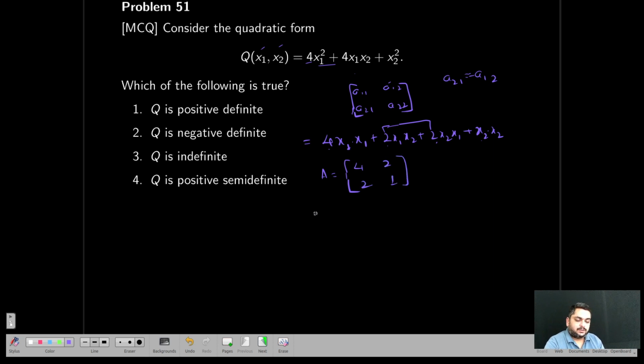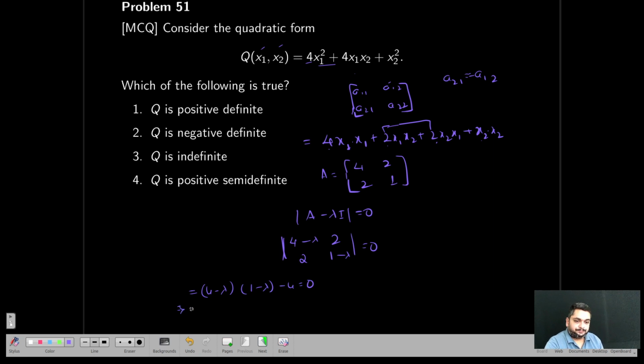Now find the eigenvalues for this. That is, determinant of A minus lambda I equal to 0. So 4 minus lambda, 2, 2, 1 minus lambda equal to 0. So this is 4 minus lambda into 1 minus lambda minus 4 is equal to 0.